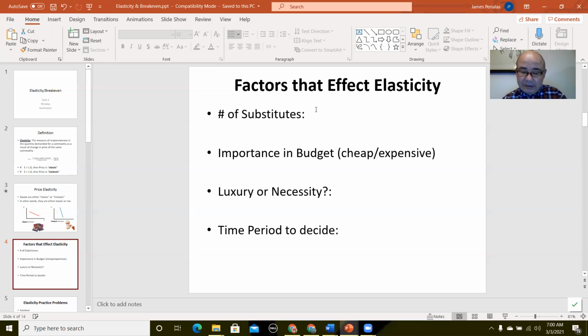The best example I like to give is you go to the movies and you buy a ticket. Now you've got about 10 minutes before the movie starts, a very short time period to decide that purchase. And that purchase is going to be popcorn and pop, very price inelastic with a short time period to decide.